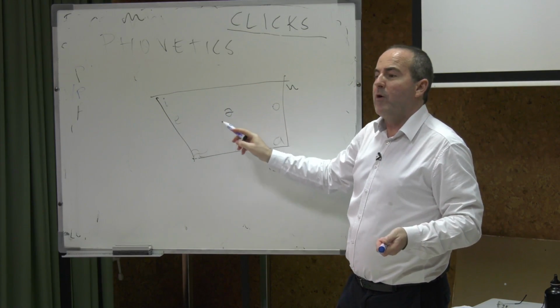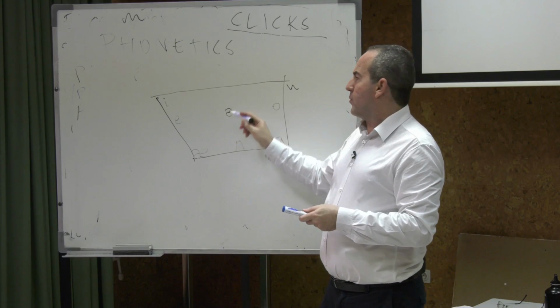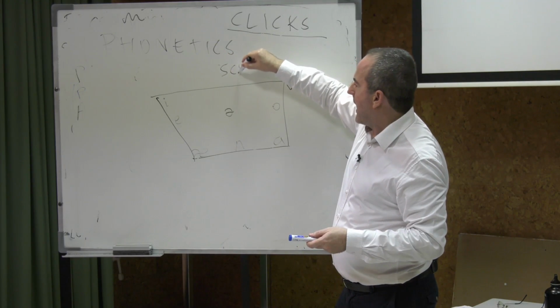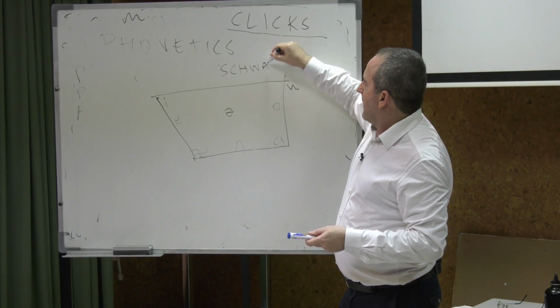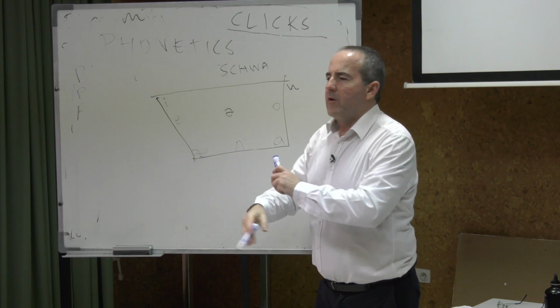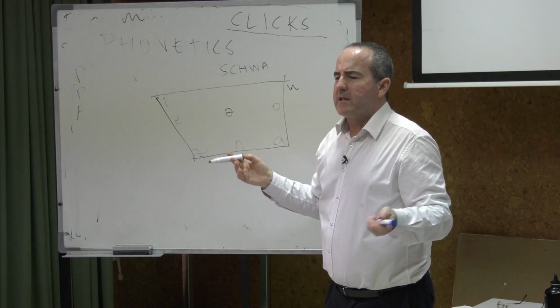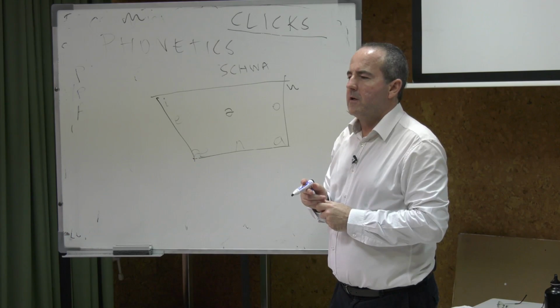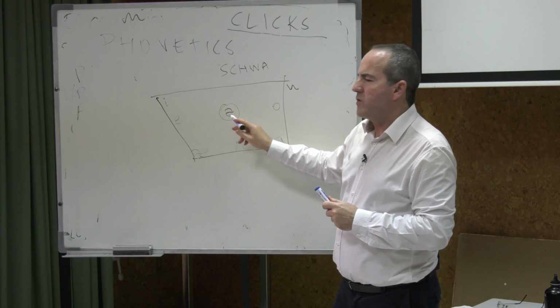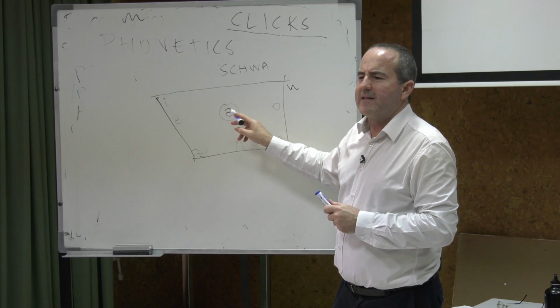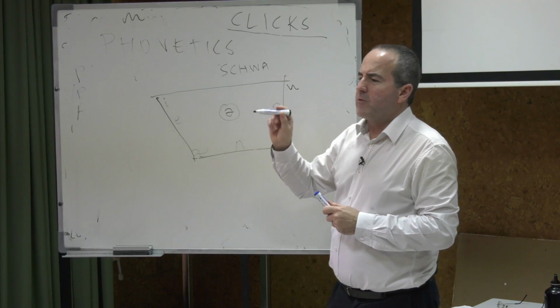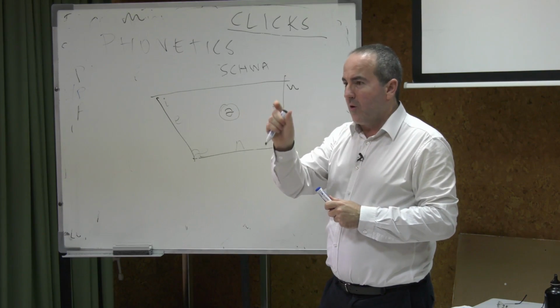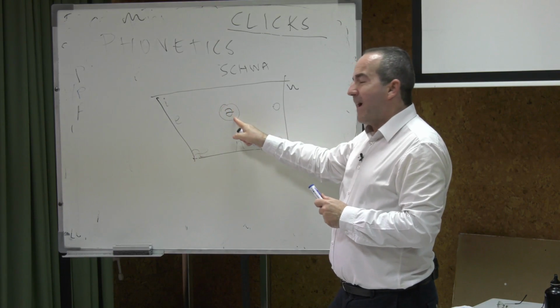And have you ever wondered why this, what we call the schwa vowel, is the most frequent in the English language? Anybody know why? In which type of syllable does this appear? In all syllables that do not have a stress, in all unstressed syllables, you find this.